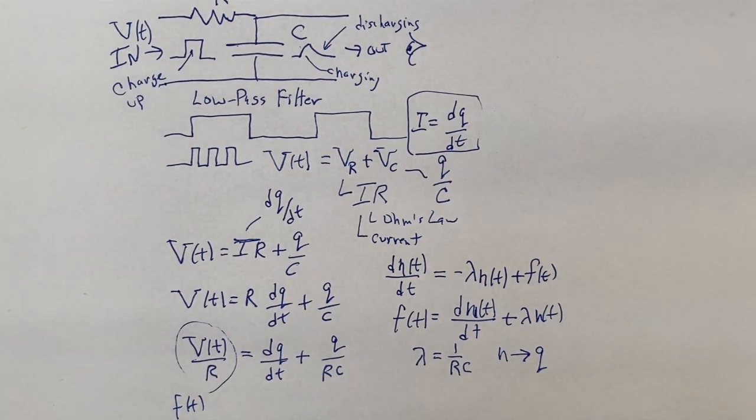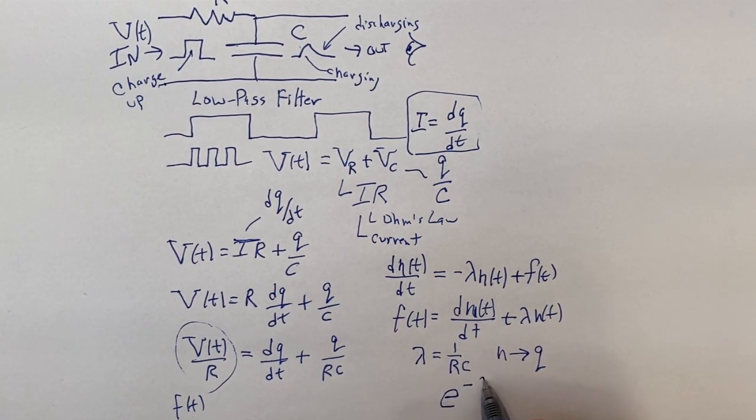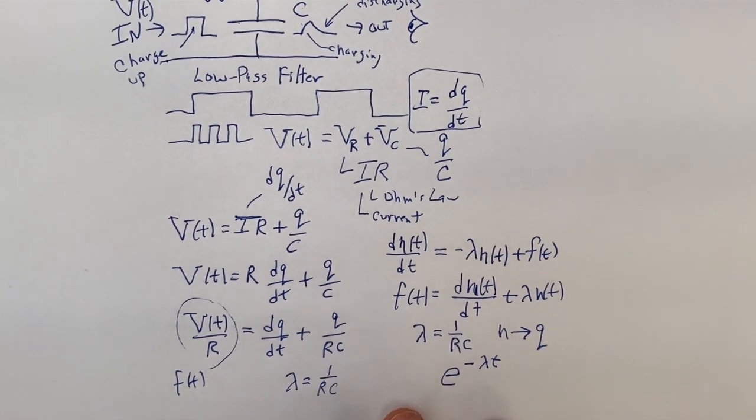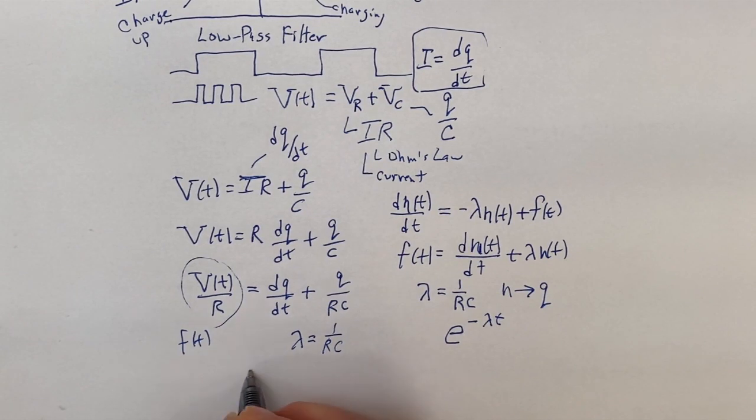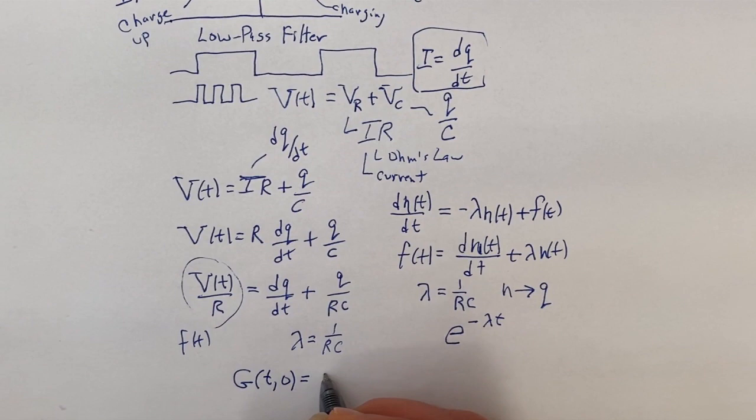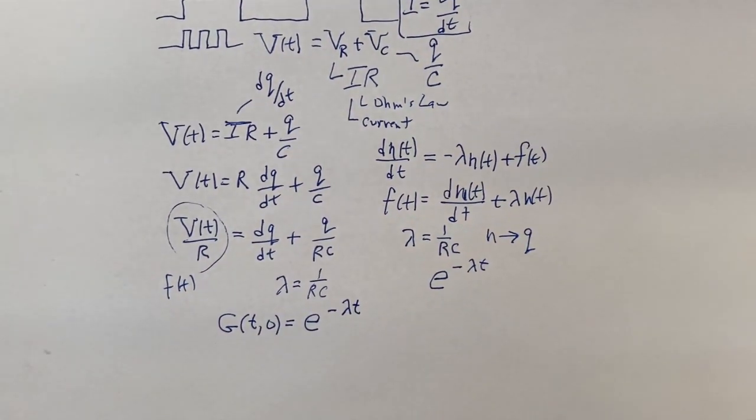So what we'll do is recall from this problem that the convolution dealt with a Green's function that was simply e to the minus lambda t. So by making the association that lambda is 1 over RC, then this non-shifted Green's function is e to the minus lambda t, just like we had before.